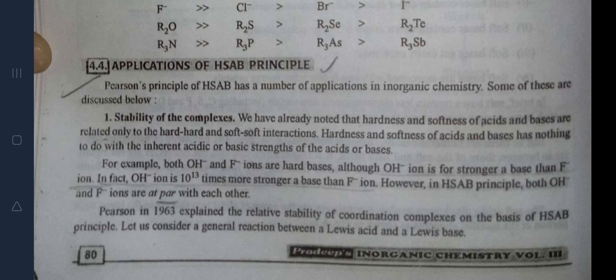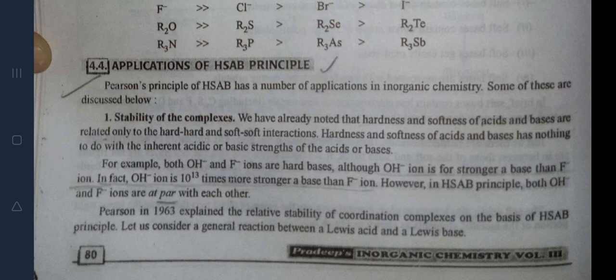In fact, OH negative ion is 10 raised to power 13 times a stronger base than F negative ion. However, in the HSAB principle, both OH negative and F negative ions are alike. Pearson in 1963 explained the relative stability of coordination complexes on the basis of the HSAB principle.